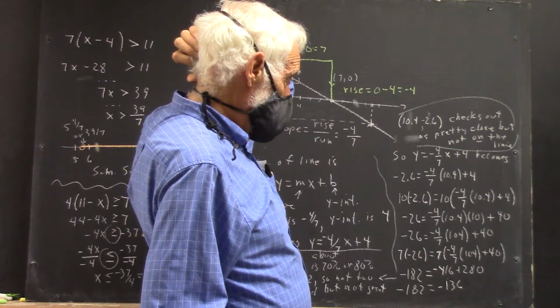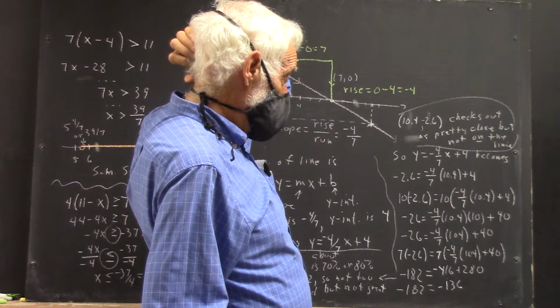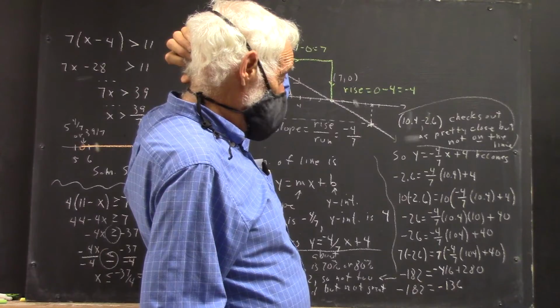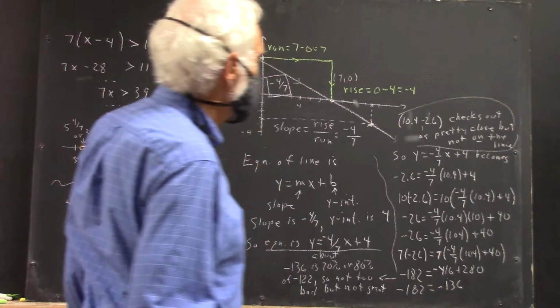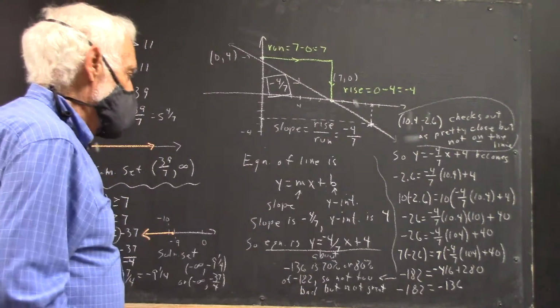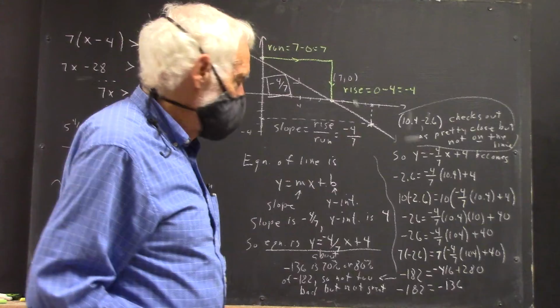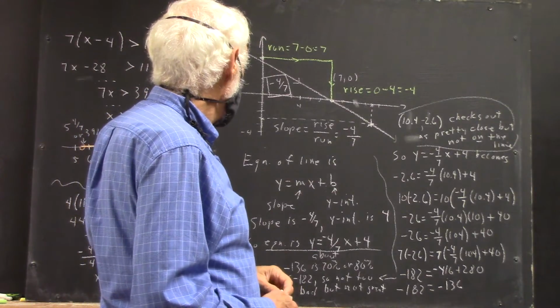Negative 40, and 28 is negative 12. That'd be negative 21. That's not as close as I would have thought, but it's not bad. Okay, well, anyhow, I'm going to ignore what I just did there, because I'm not sure I did everything right in my head.